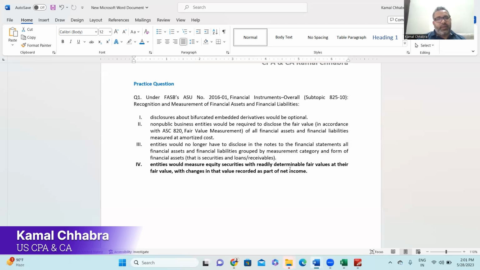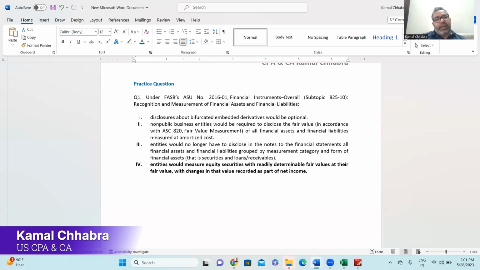For example, if you are measuring accounts receivable or your shares, debentures, or investments in the same bucket as fair value, do you need to disclose everything as fair value, or should you disclose accounts receivable, and investments at fair value? You will be disclosing by line item, not by fair value.